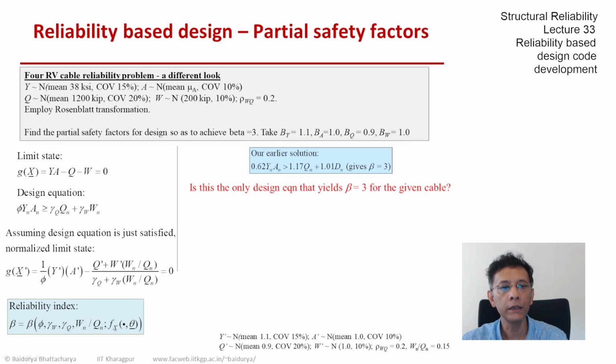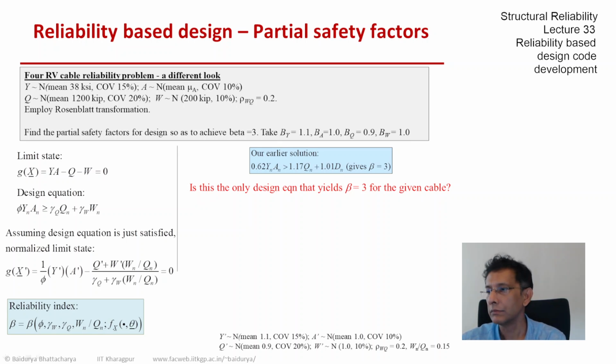Is that the only possible design equation that yields beta equals 3? The answer is obviously not, because we have one equation in 3 unknowns. So the one equation is that beta equals 3, and the degrees of freedom that we can play with are at least 3: phi, gamma w, and gamma q, if all the others are fixed.